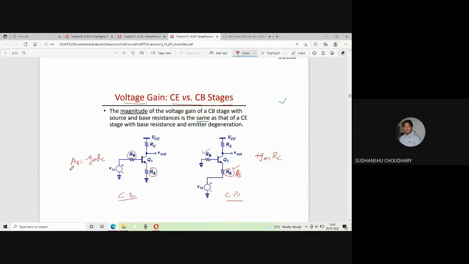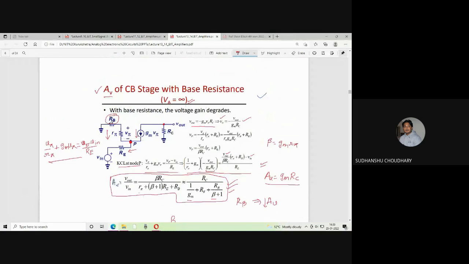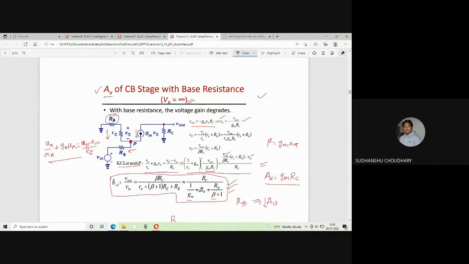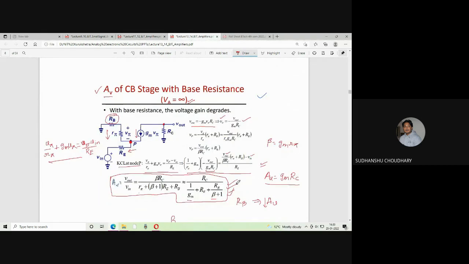The gain found for this circuit with RB and RS is similar to the common emitter gain, minus RC by 1 by Gm plus RE plus RB by beta plus 1. So both are the same, this one for common emitter and this one for common base.